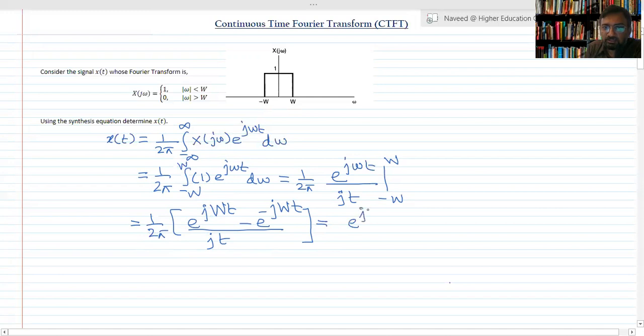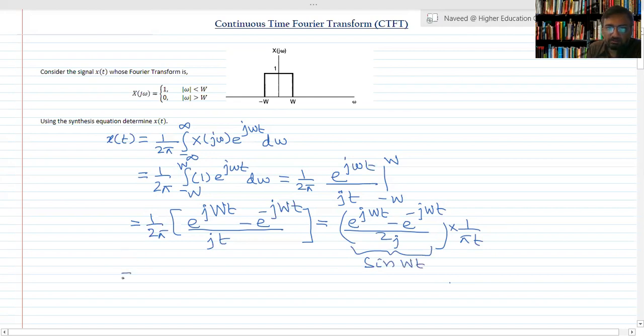So (e^(jWt) minus e^(minus jWt)) divided by 2j, into 1 over pi t. And this thing is sine Wt.